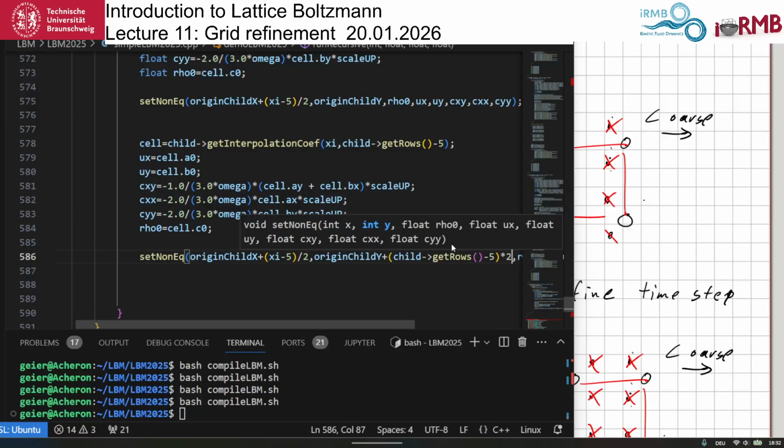So from, let me see, from the origin, we have smaller steps.